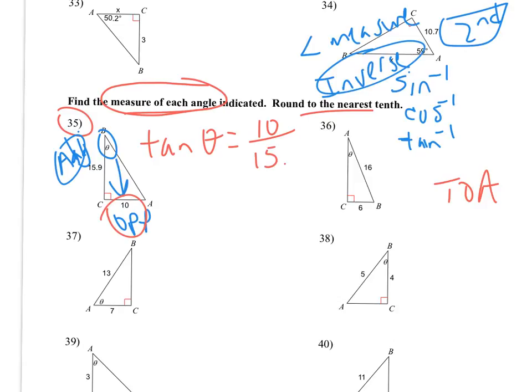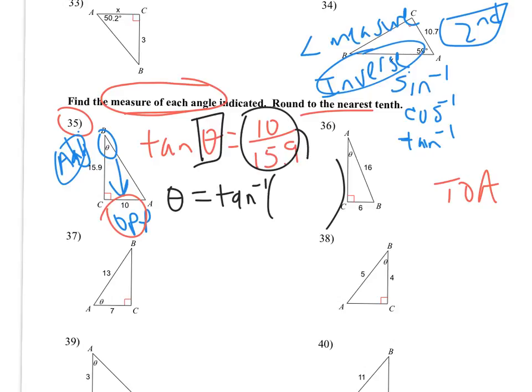which is 15.9. Okay, now, to solve this and figure out theta, this is the way you want to write it. Theta is equal to inverse tangent, so tan -1, and then this goes inside there. So you just type in 10 divided by 15.9. Okay?